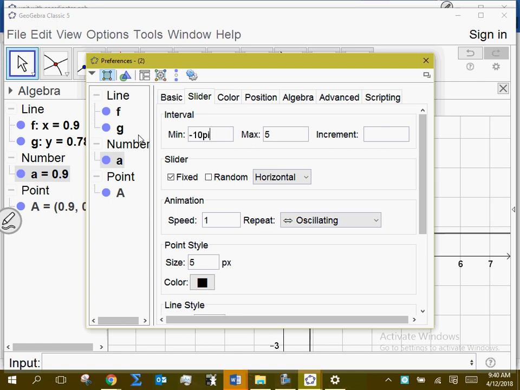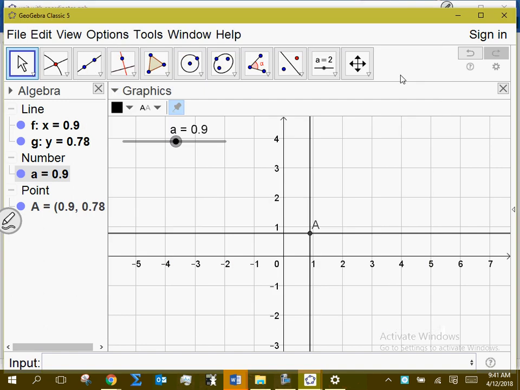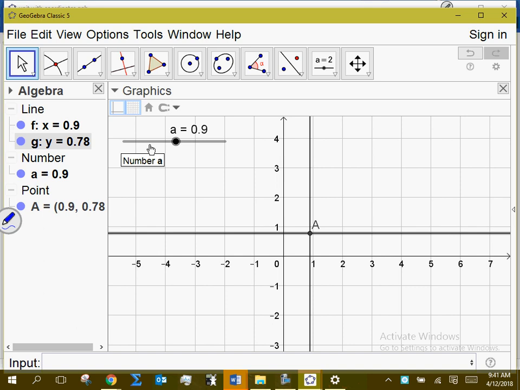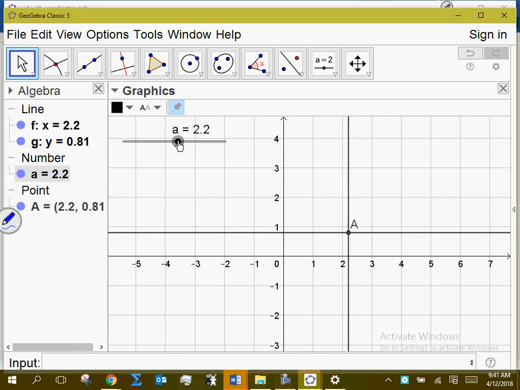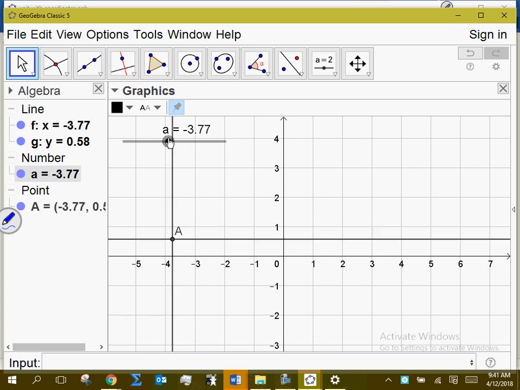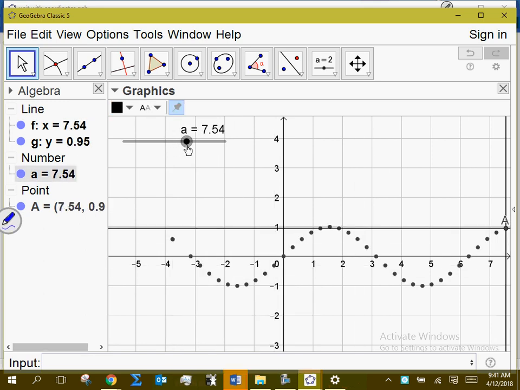You don't need to write that down or know that right now, but it's an equation that is based off ultimately a third variable. So this line here is based off a third variable a, and this line here is based off a third variable a. But their intersection provides me that point, right? If I start to move a, you see that point moving up and down like the sine function does. If I were to trace that point, that's the sine function.